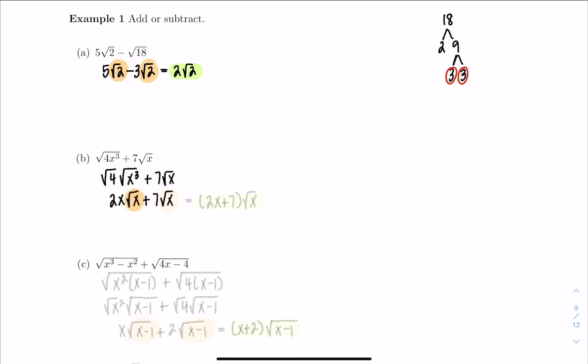And because our radicals are the exact same, we can combine the front portion, but this just becomes 2x plus 7 times the square root of x. We can't combine 2 and 7 to get 9x because they're not like terms.